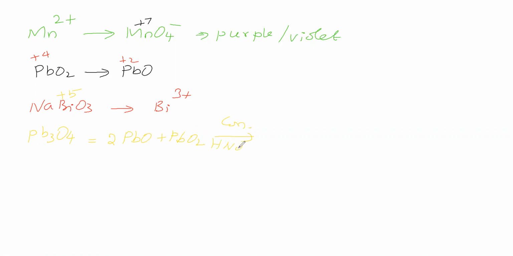The conc. nitric acid oxidizes this PbO into PbO2, so red lead remains as PbO2. This PbO2 becomes PbO, that means it undergoes reduction. Here reduction is possible due to manganese.